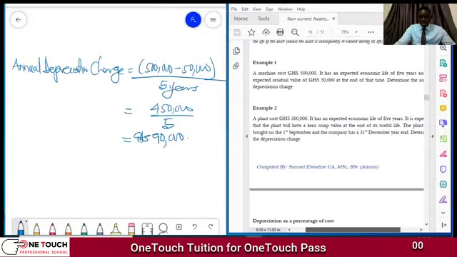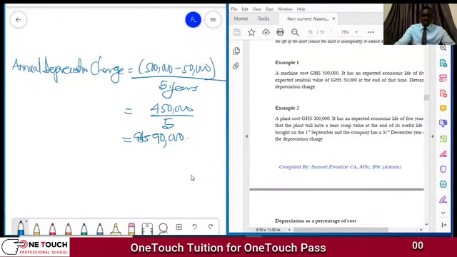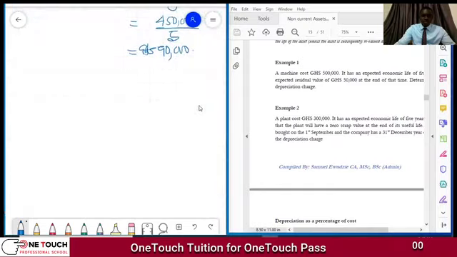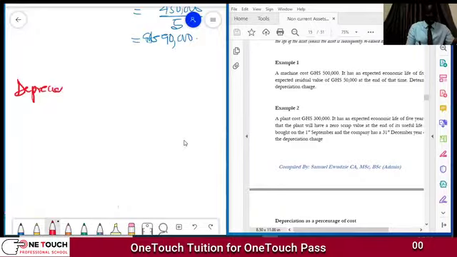The plant was bought on 1st September, and the company has a 31st December year end. Determine the depreciation charge.